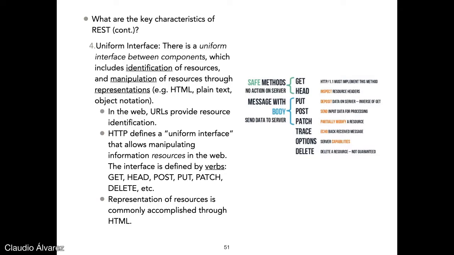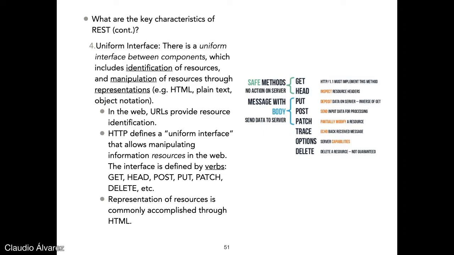You have get, head, put, post, patch, trace, options, delete. Those are different verbs that are possible and that conform a uniform interface. That means that a web browser can talk to any web application through these methods. Also, if you have a mobile application, the mobile application can talk to a web backend by any of these HTTP verbs.